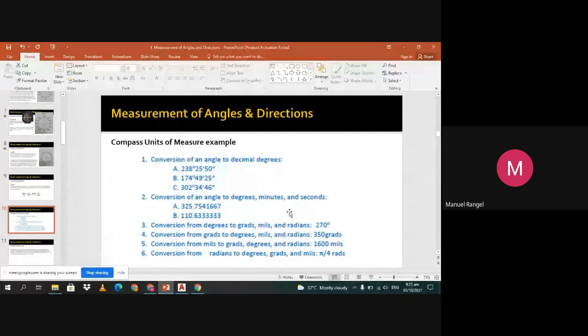So using your calculator lang, dali na. Input nyo lang 325.754.1667. Ito lang ang conversion.